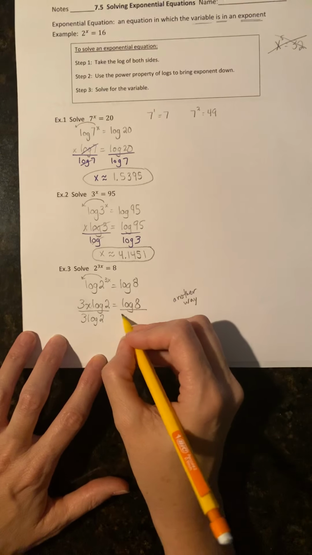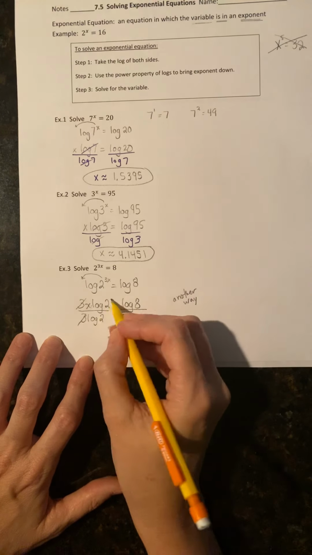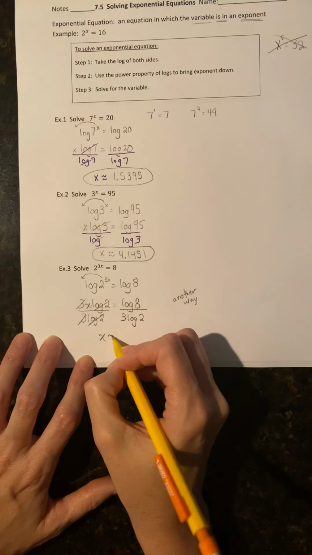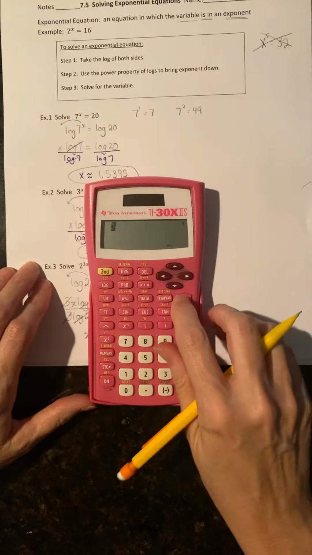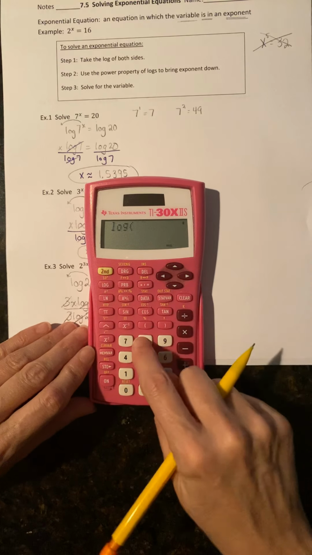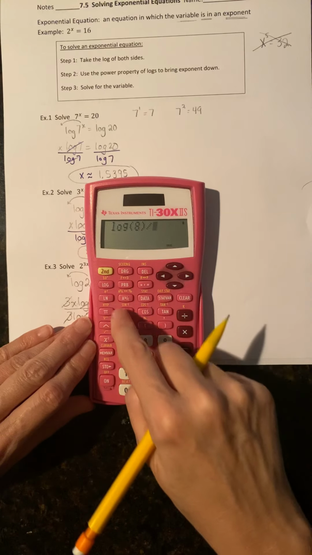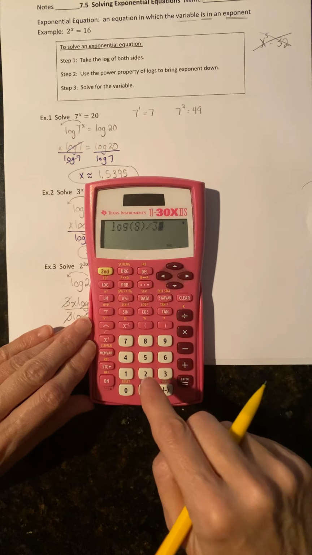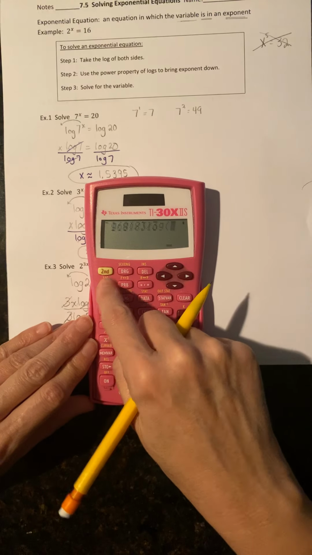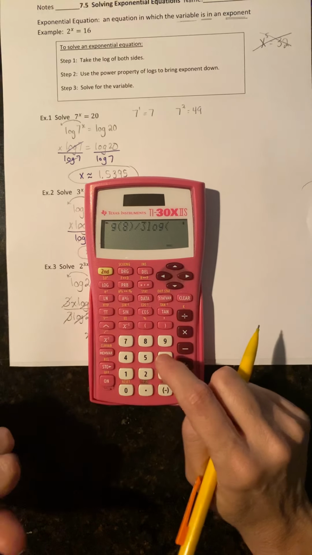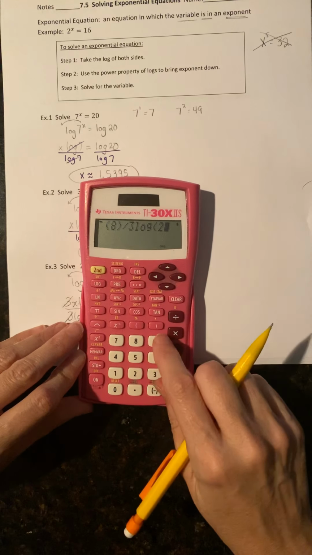All right, so I'm going to divide by 3 log 2. The 3 will cancel, the log 2 will cancel, and that will leave x. So I'm going to punch this in the calculator. Just be real careful how you punch this in. Log of 8, close parentheses, divide by 3 times log 2.